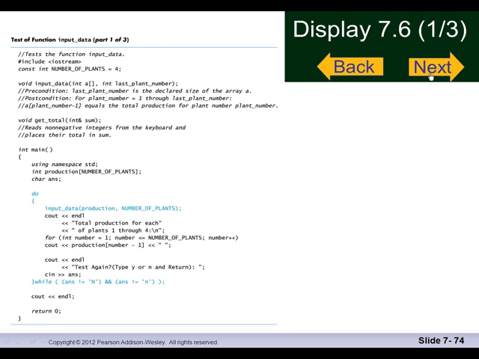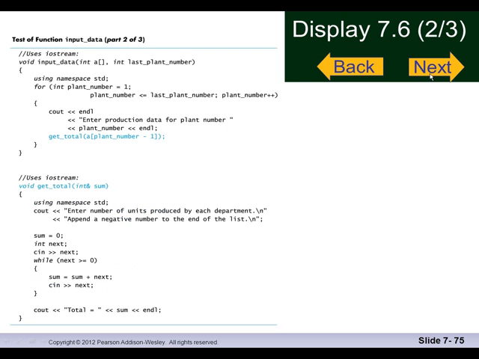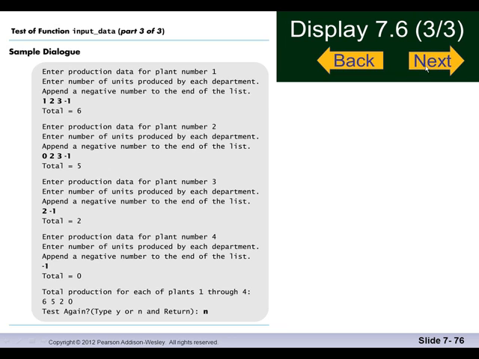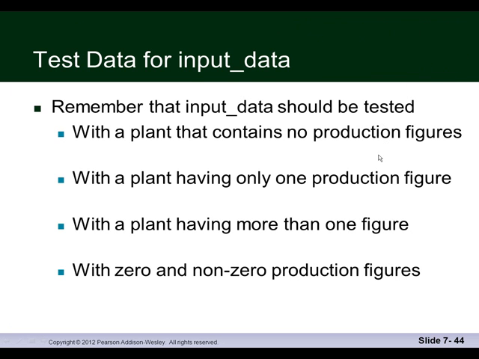Remember, we are going to be testing each function by itself. So if I have get total, I want to be sure that that get total is going to be done correctly, and I want to print it out. So I can test each module by itself to be sure it's going to be correct before I worry about the other modules. I'm going to be focusing on each module or method by itself.